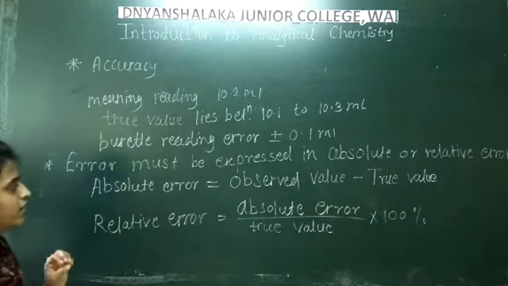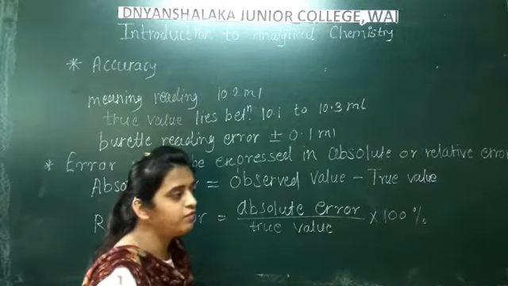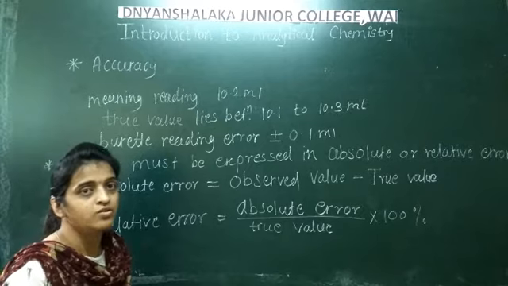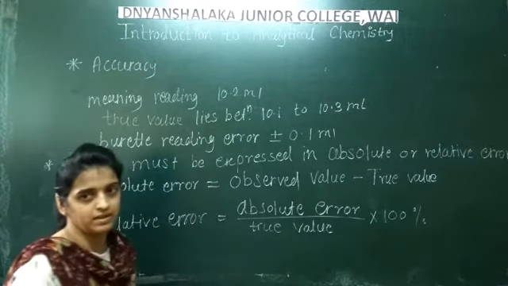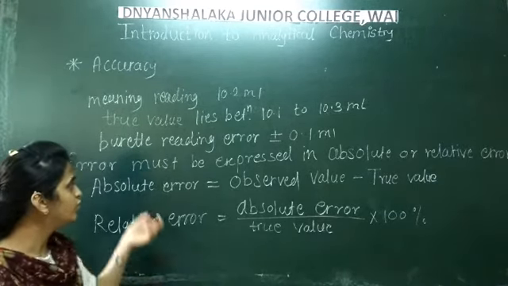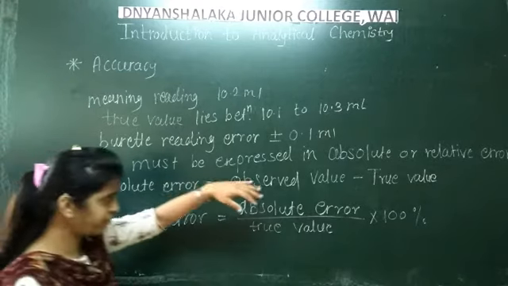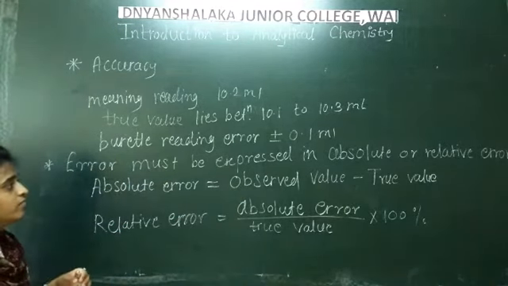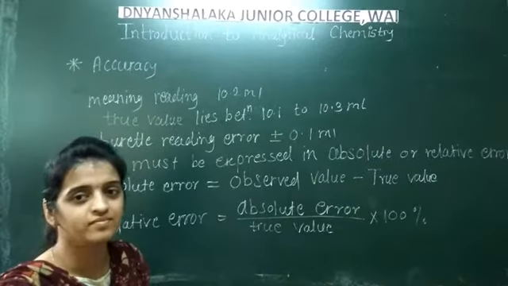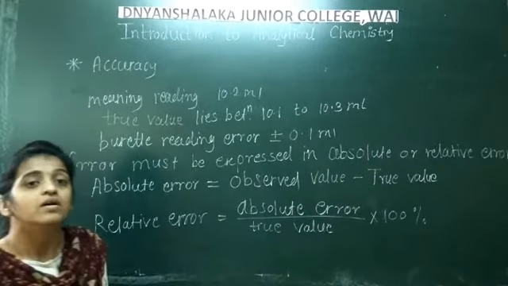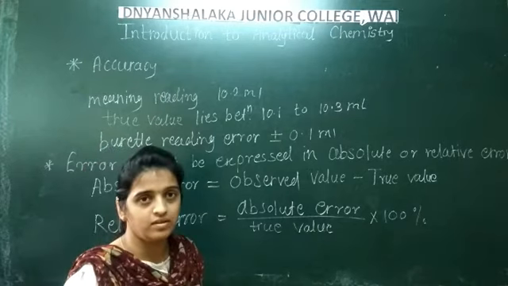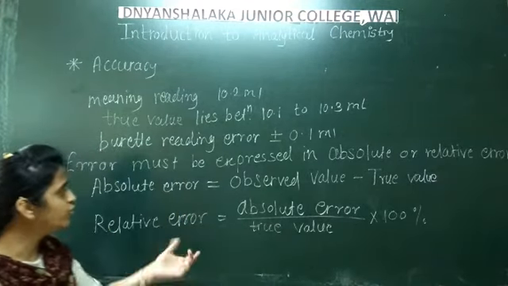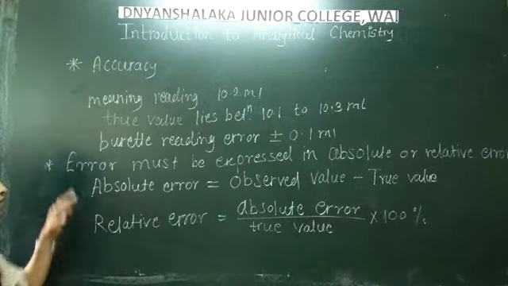Error means that in a chemistry laboratory we perform experiments with the help of different apparatus, and a person may make a small mistake, and due to that small mistake an error appears.